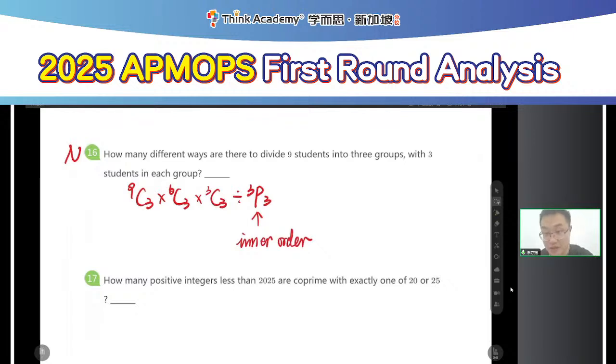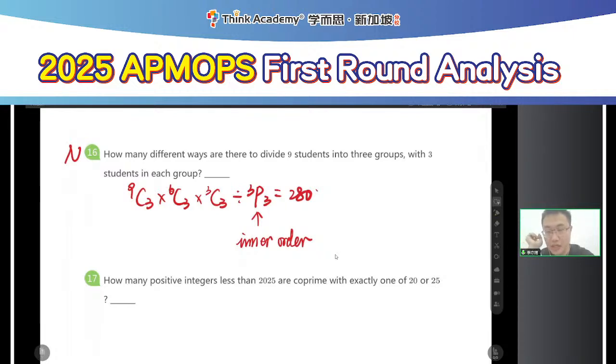So what is the answer? I don't want to calculate such a large number. Now let me check what I've done. 280. Yeah, 280. This question is very easy to make mistakes.